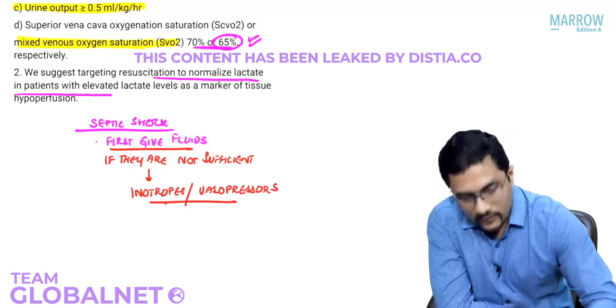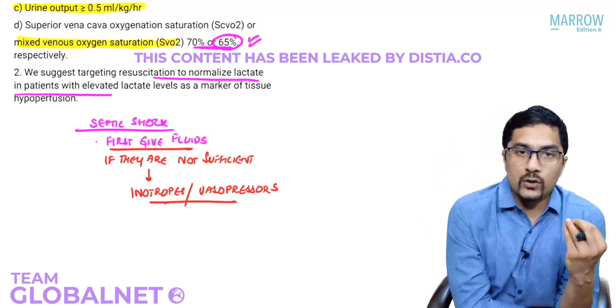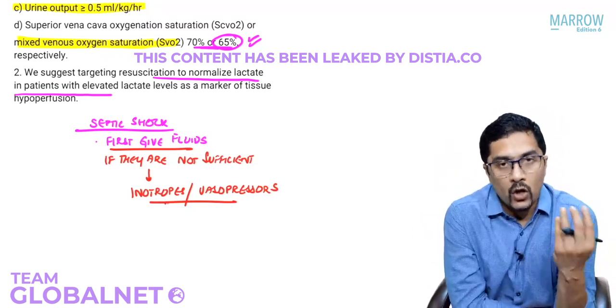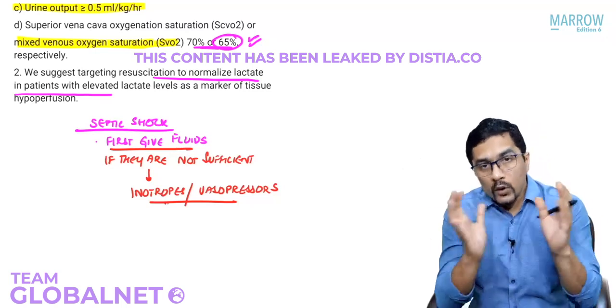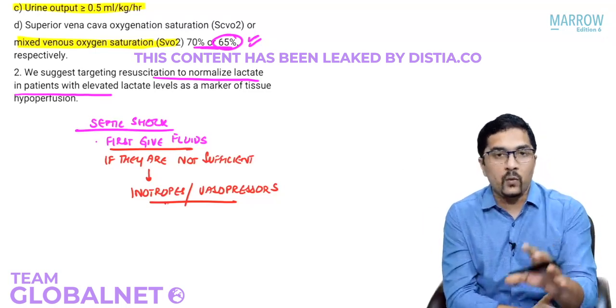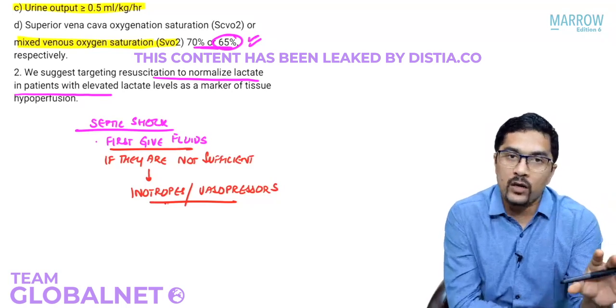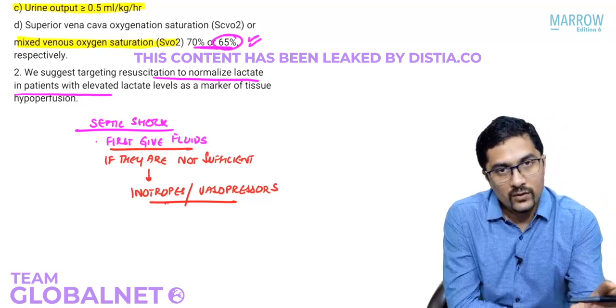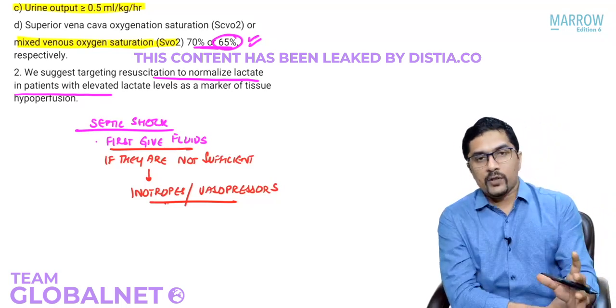Like you can start the patient on dopamine, dobutamine, noradrenaline, but all of these are started only once the patient has failed on fluid resuscitation. Okay. So this is the management of septic shock.